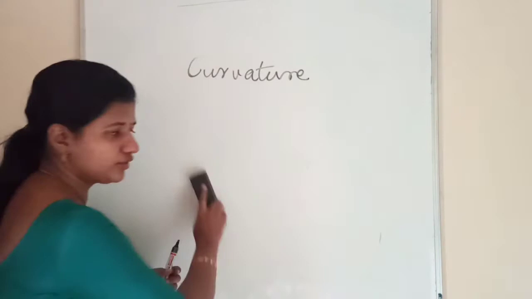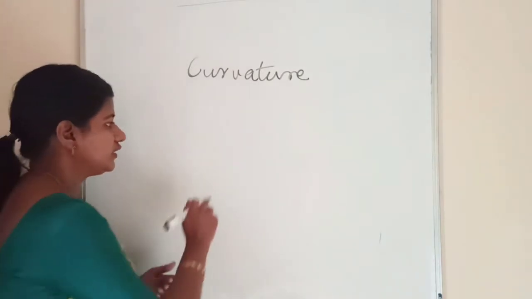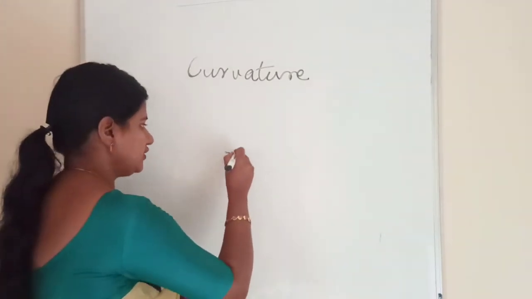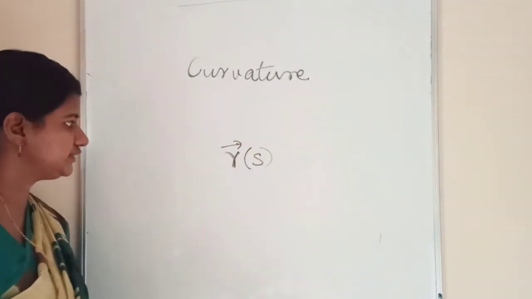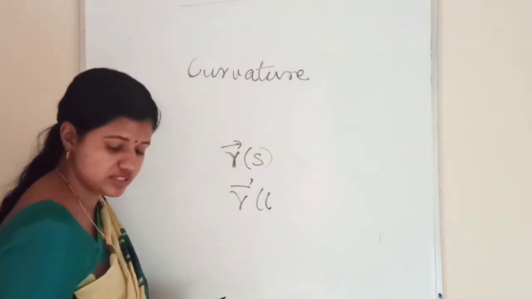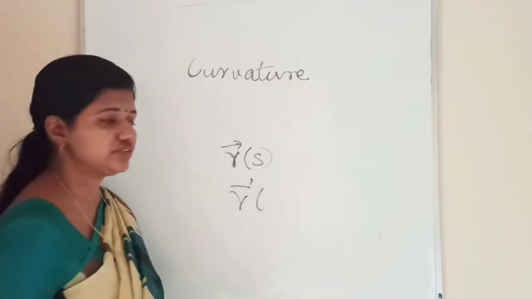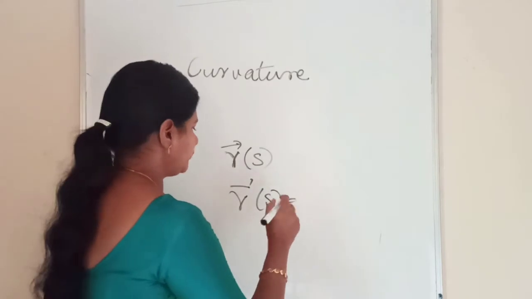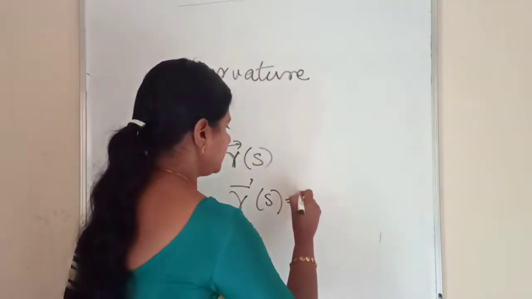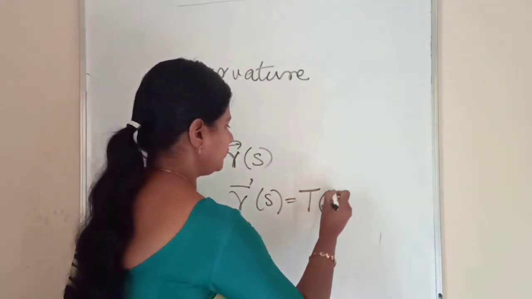If a curve R has the parameterization R of S, then we know that its tangent vector R bar dash of S is the same as its unit tangent vector, because its speed is 1. So we have this equal to T of S, the unit tangent vector.